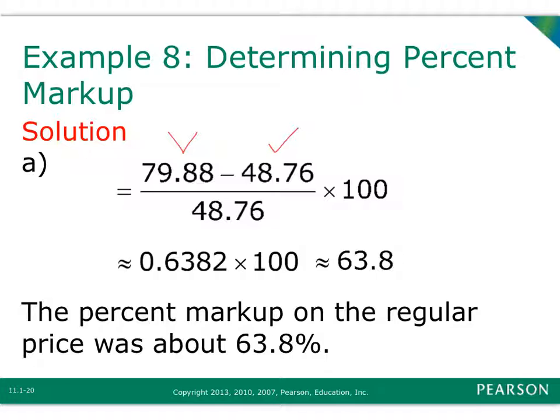And so then we divide by $48.76 times 100. So we see that it's approximately 0.6382 times 100, which is a 63.8% markup on the regular price.